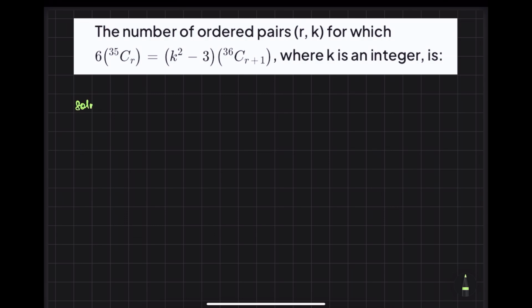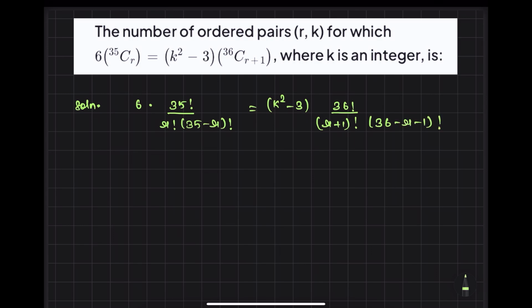The solution will go this way: 6 times 35 factorial by r factorial times (35 minus r) factorial, equals k square minus 3 times 36 factorial by (r plus 1) factorial times (36 minus r minus 1) factorial.